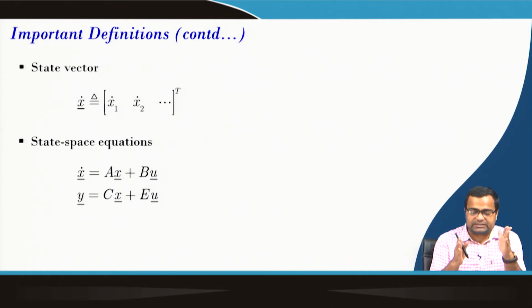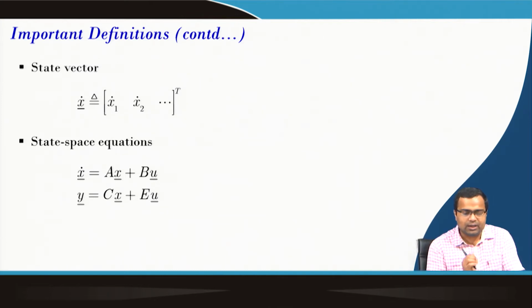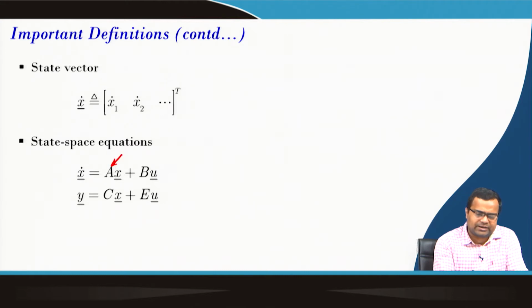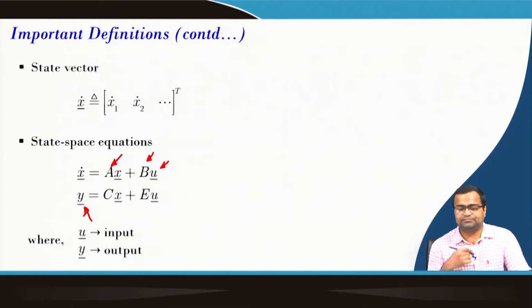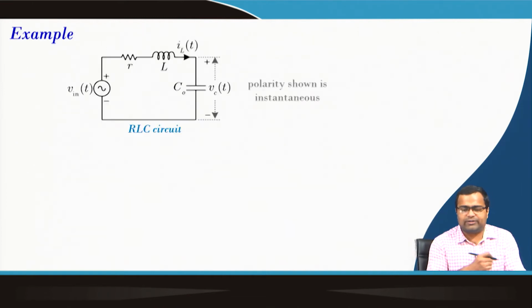Suppose the order of the dynamical system is n, then we write n first order differential equations in terms of the state space representation. So, we write in terms of A matrix and B matrix, where x is the state vector and u is the input vector. Similarly, we can write the output vector in terms of the state vector and the input vector, where u is the input vector and y is the output vector.